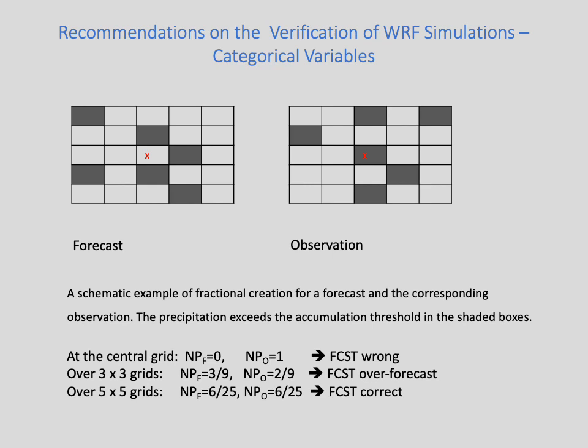In this case, we would say precipitation is over forecast. When we consider the surrounding 25 points, forecast and observations have the same number of grids with precipitation. In this case, the forecast is considered to be correct. This is the basic idea for the new verification method.